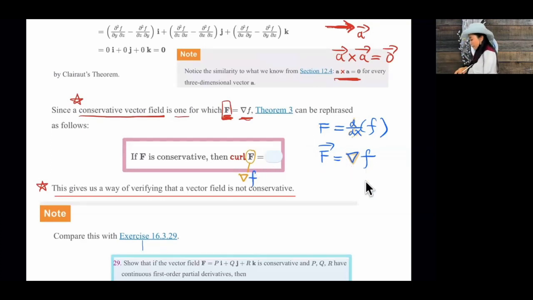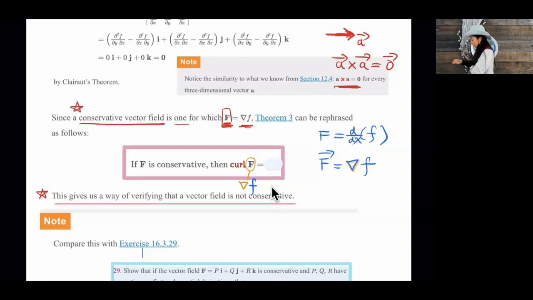So the big F is conservative, which means that it can be written as del of f, the gradient of f. Then by the theorem above that we just proved, what is the curl of the gradient of f? What does it equal to? That's equal to 0, right? Yes, that's equal to 0. So if the vector field is conservative, then the curl of it is equal to 0, the zero vector.